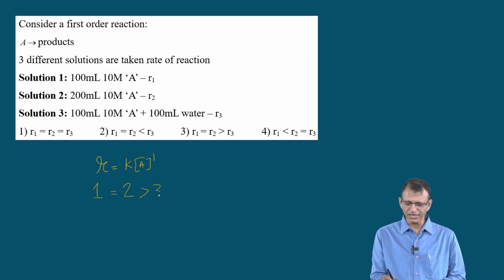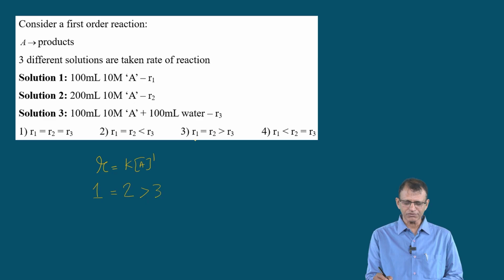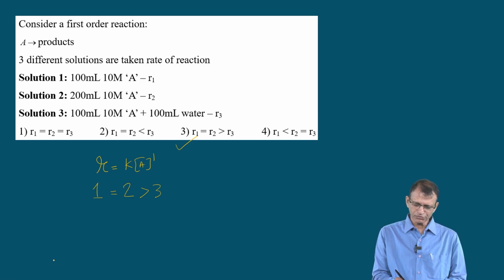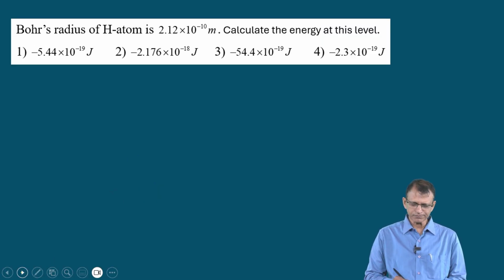So the order of the rate of reaction is R1 equal to R2 greater than R3. It is based on a simple concept, rate of reaction is rate constant times concentration of reactant raised to the power 1. So moving to the third question.